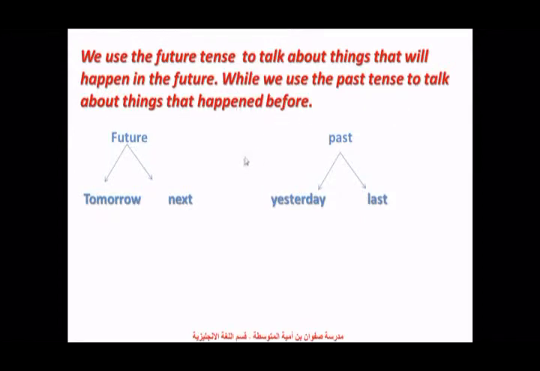Here I want you to learn these two words. In the future, we use tomorrow and next. This means that these two words are always used in the future, while in the past we have two other words which are yesterday and last.